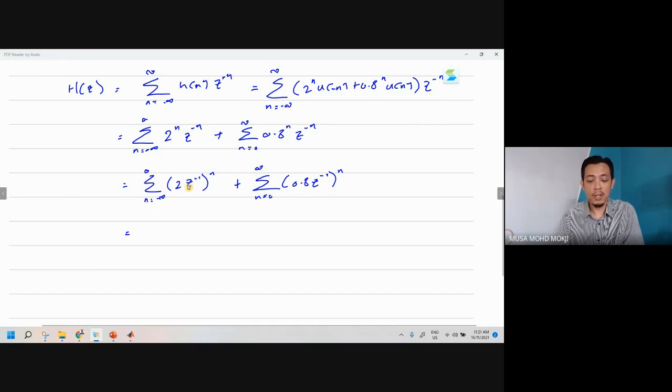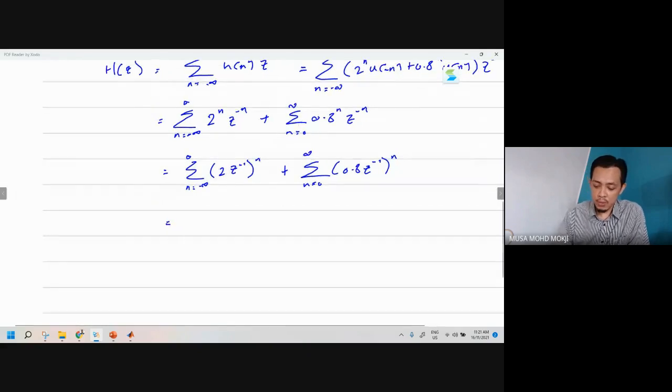So how do we solve this? What we get is whatever is inside the common ratio, which is (2z^-1) to the power of minus infinity plus (2z^-1) to the power of 0 plus 1.